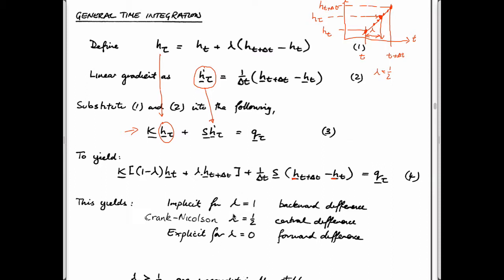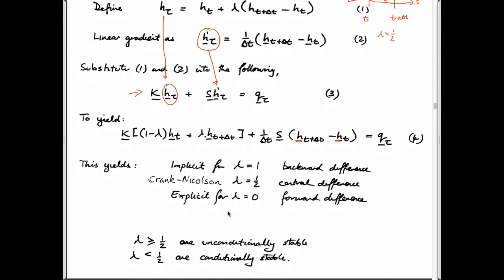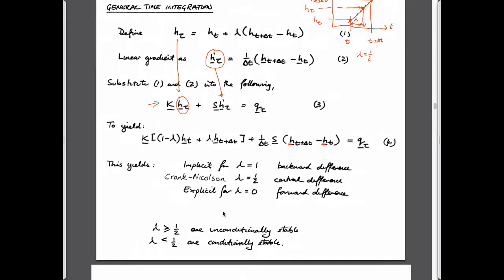We won't prove it, but the best results that you can get in terms of time stepping and with the minimal errors are if you write it at the midpoint, so-called central differencing, or named after its originators, Crank and Nicholson, when lambda is equal to half, which are different from the two cases that we've already talked about. Backwards differencing, which is what we've called implicit. Forward differencing, calculate the magnitude here and project forward, is what we've called explicit.